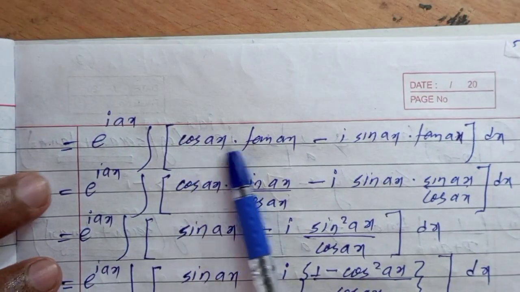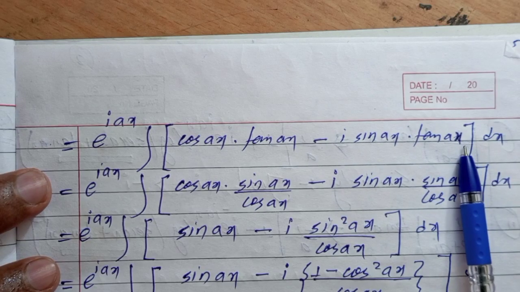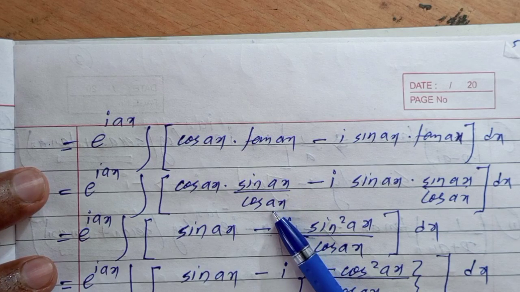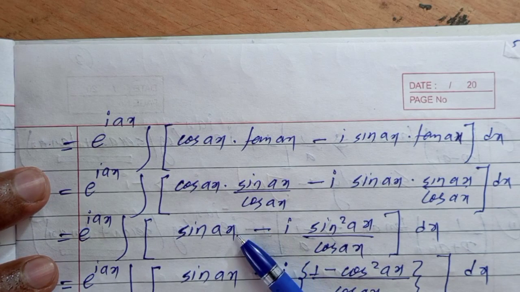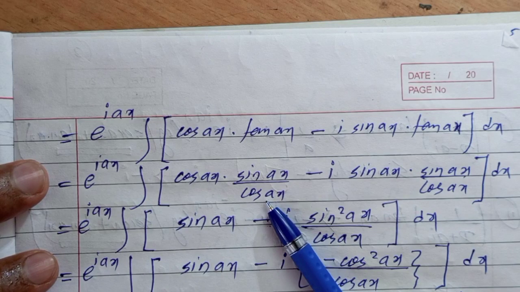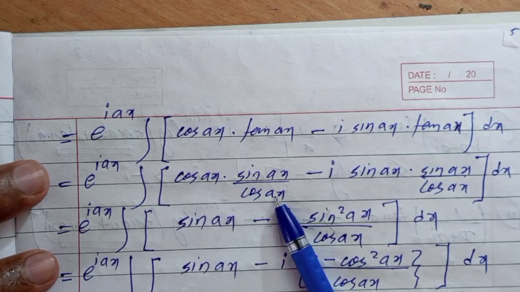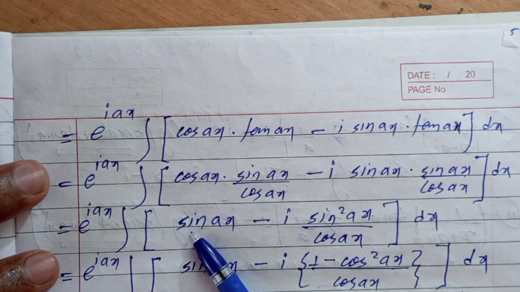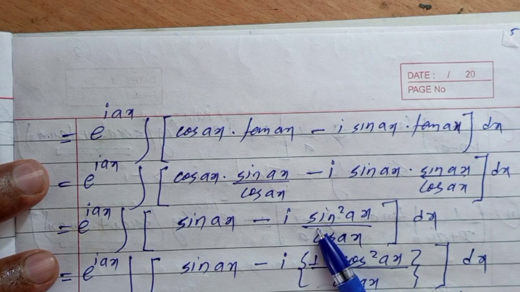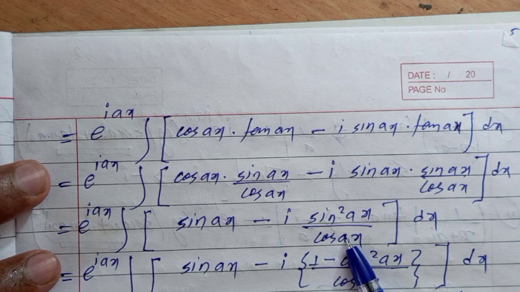It becomes cos ax tan ax minus i sin ax tan ax, in brackets, so we convert tan into the form of sin and cos. On converting, we get sin ax by cos ax, and here also sin ax by cos ax. So cos and cos are cancelled, and here only the sin ax term remains. And here sin and sin are in square form, in multiplied form, divided by cos ax.